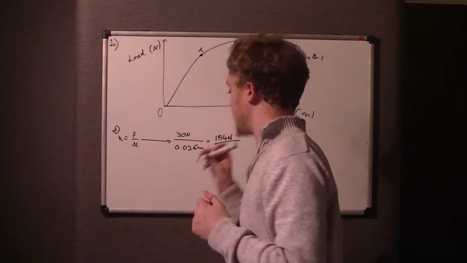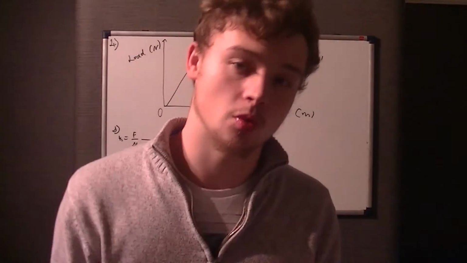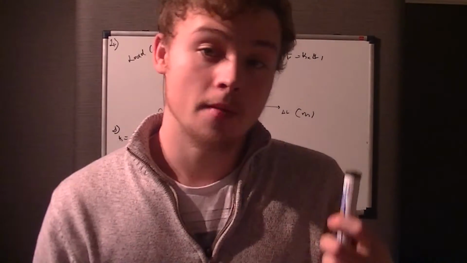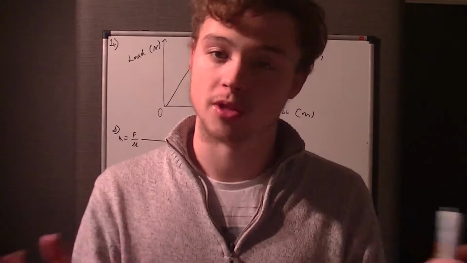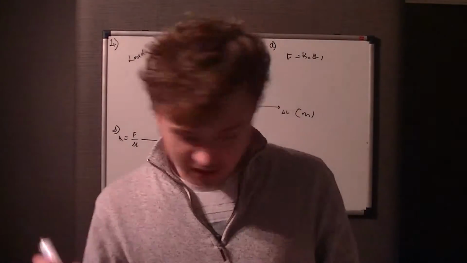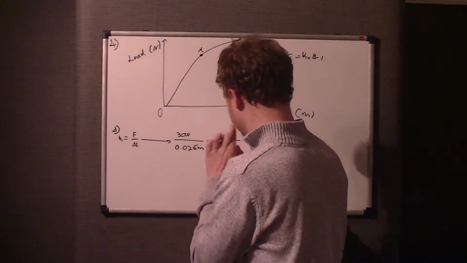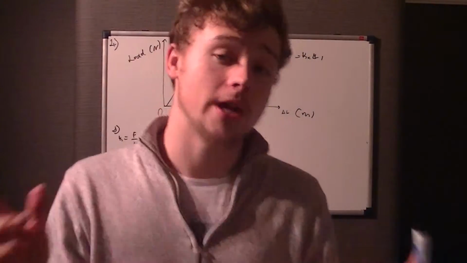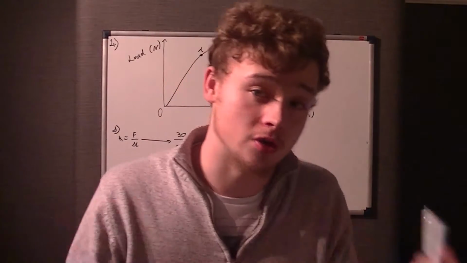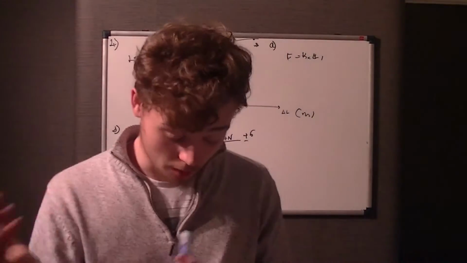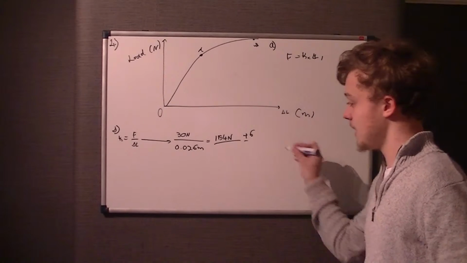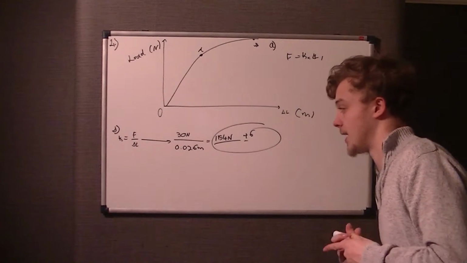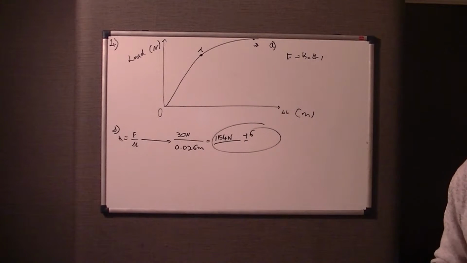As with all of these questions in AQA where they ask you to work out the gradient, there is a margin for error. Not too big, but not too small either. They've allowed a variation of plus or minus 6, so it's in the range from 148 to 160, a range of 12.